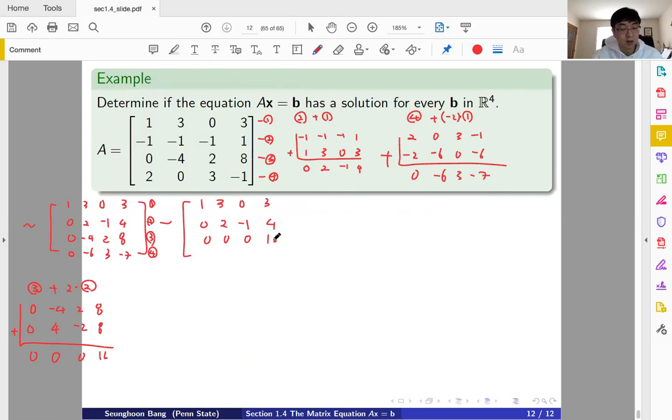The next one. This is the fourth row plus 3 times the second row.